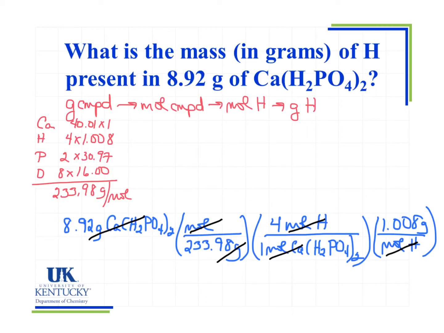Now I can do the calculation, and what I end up with is 0.1537 grams of hydrogen. Because my initial number only has 3 significant figures, I need to round that to 0.154 grams of hydrogen found in my 8.92 grams of calcium dihydrogen phosphate.